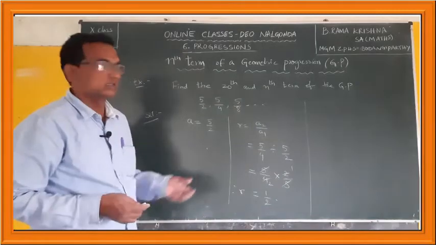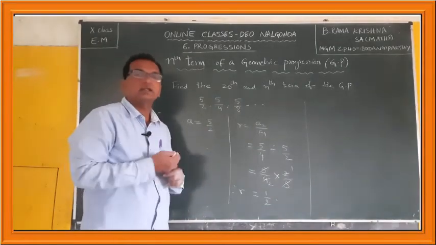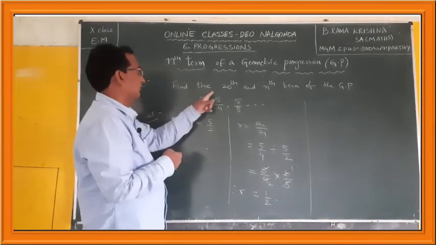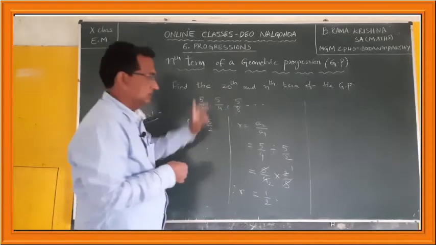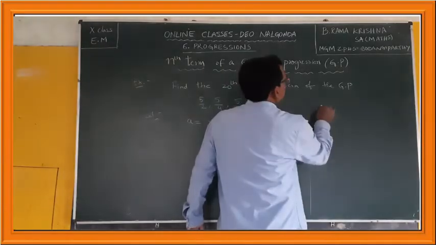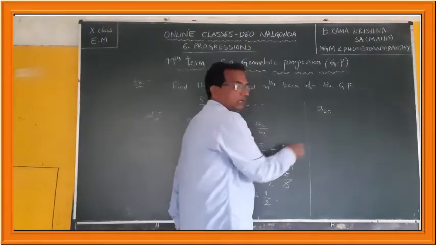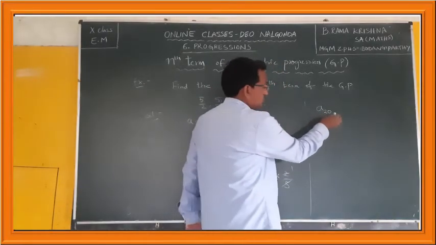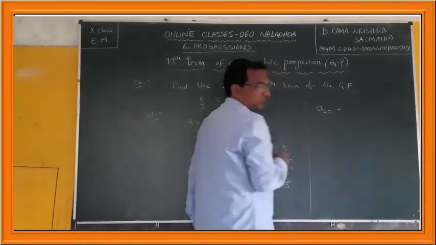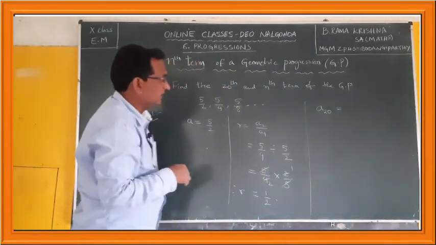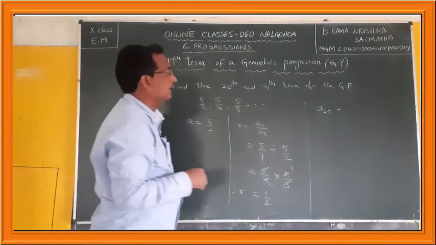After finding this a and r, you can find any term in the geometric progression. He is asking us for the 20th term. Therefore, how do you denote it? By a sub 20 equals. What is the formula for a sub n?